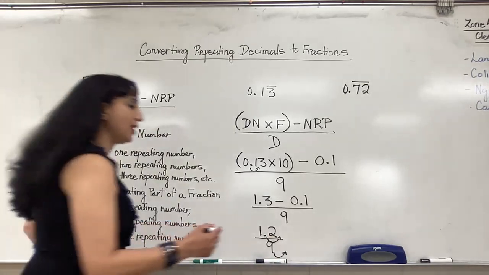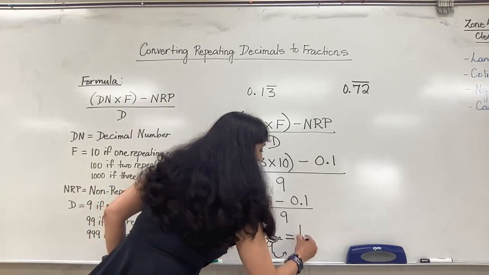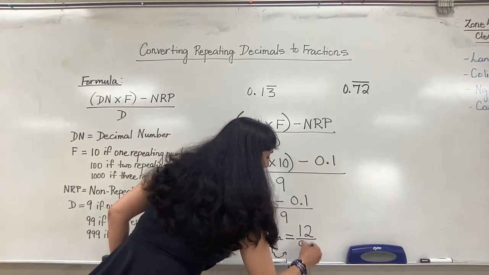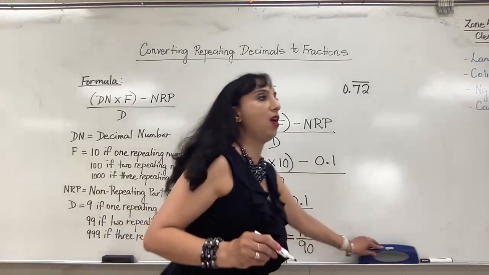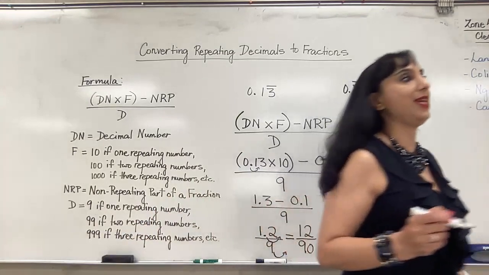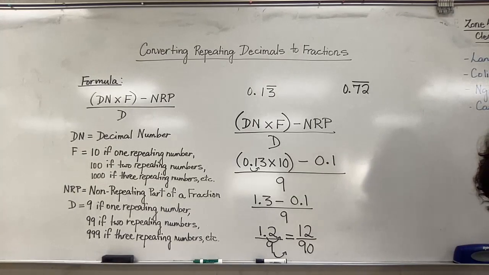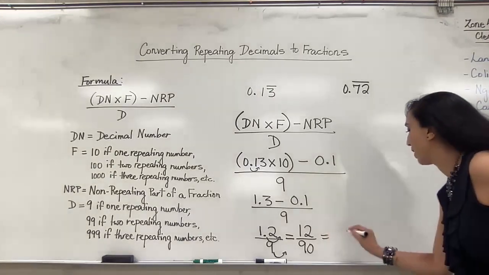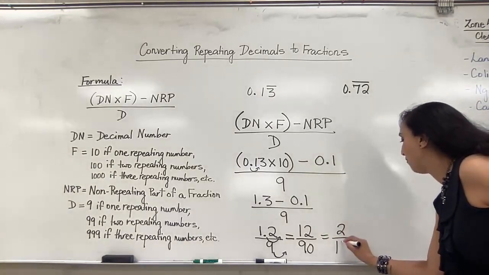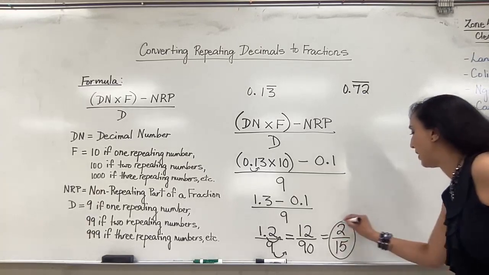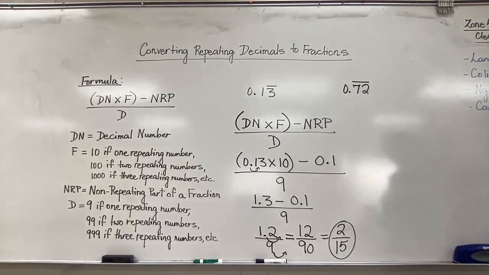And my fraction now is going to be 12 over 90. Then all I need to do is put this in the simplest form. So I find the greatest common factor, and when I simplify this, I am going to get 2/15 as my decimal in the simplest form.